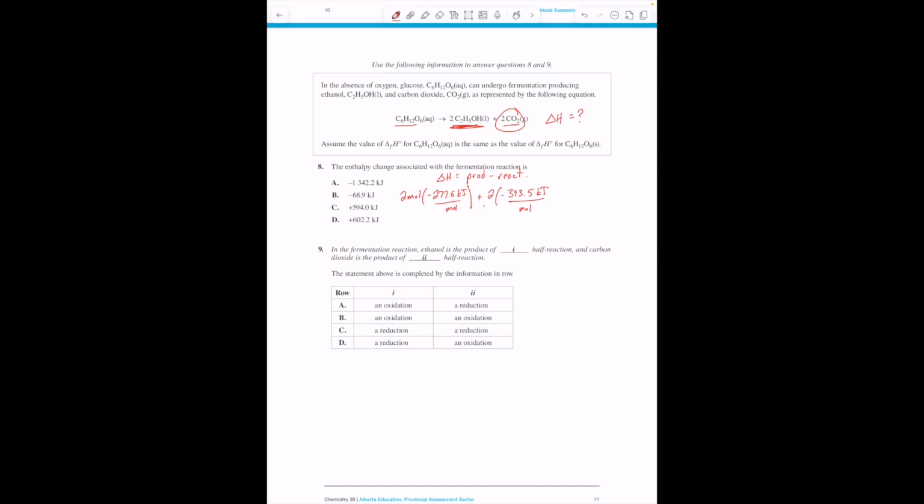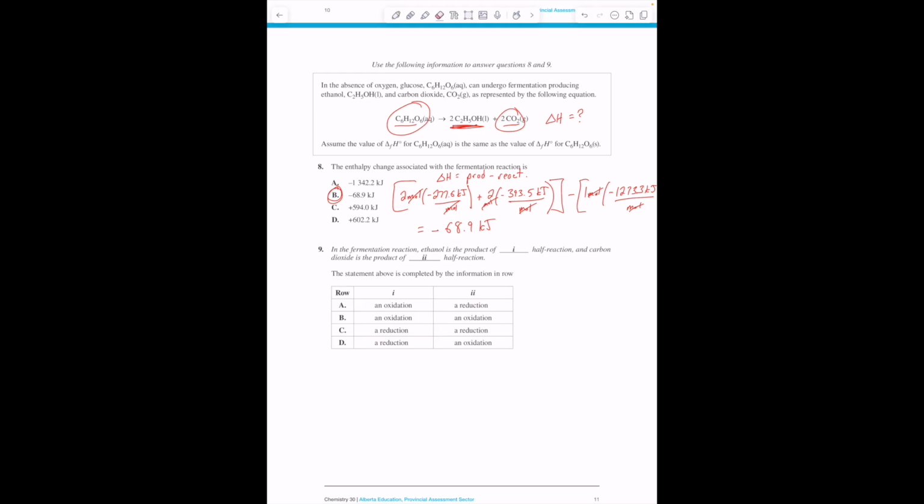Oh, I should have moles over here. Subtract 1 glucose, and glucose is negative 1273.3. That's probably why I don't write my units all the time. I always run out of room. Okay, so cancel, cancel, cancel, cancel, cancel, cancel. And that gives me an answer of negative 68.9 kilojoules, which would be B.